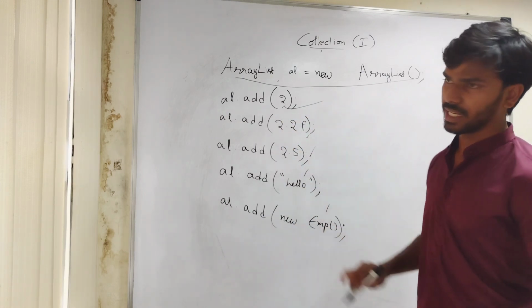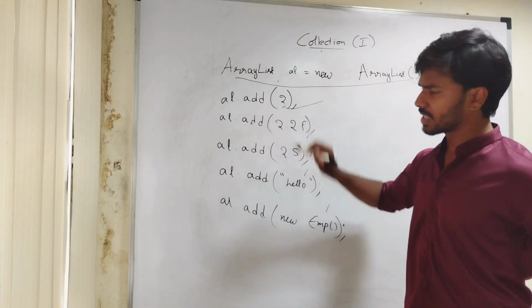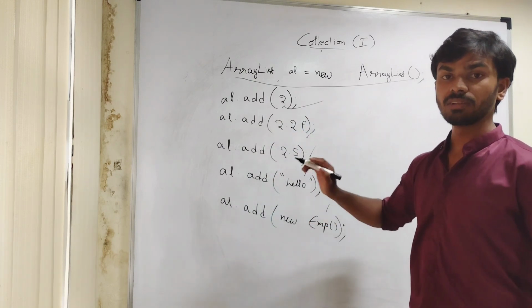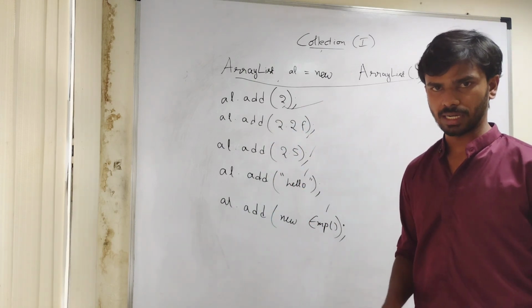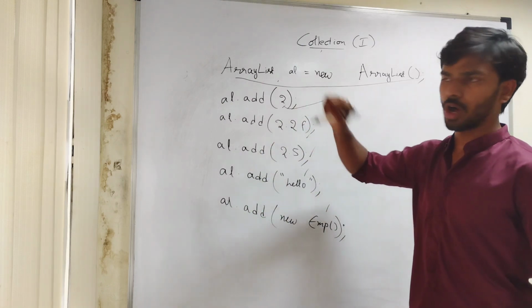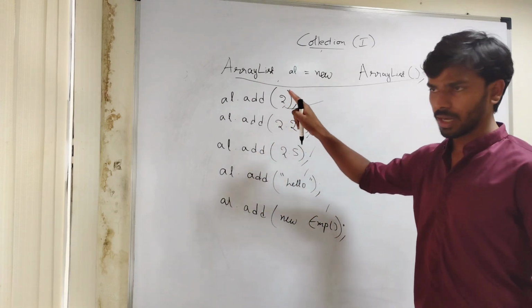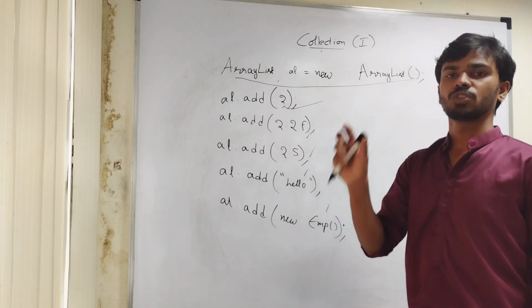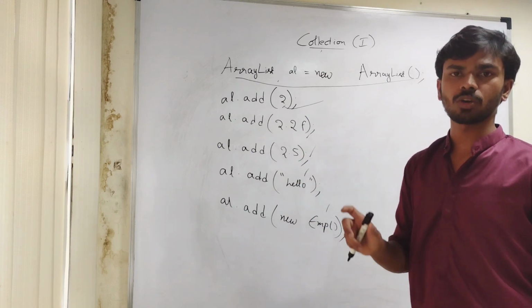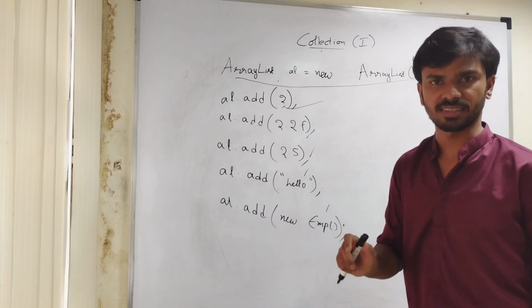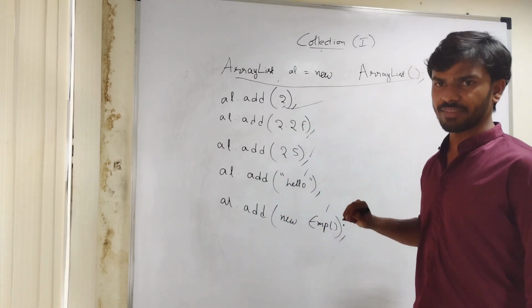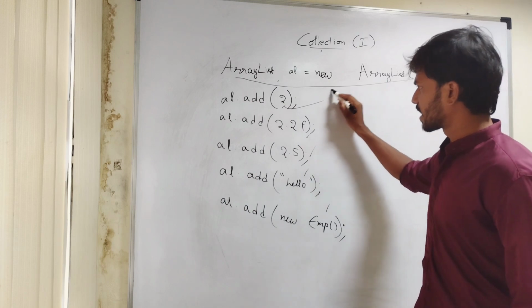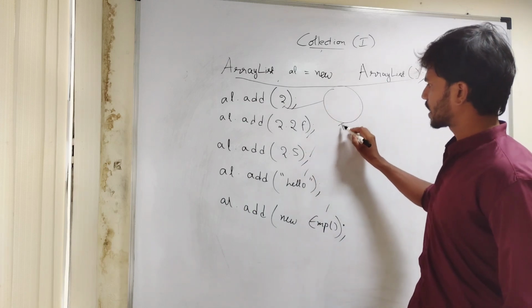Here I pass the integer value. Now this integer value is converted into a non-primitive data type. For all the primitive values, we have non-primitive data types, which are called wrapper classes. So for this integer value, it internally uses an Integer object.